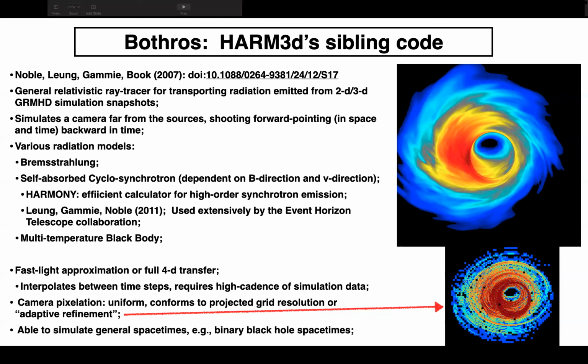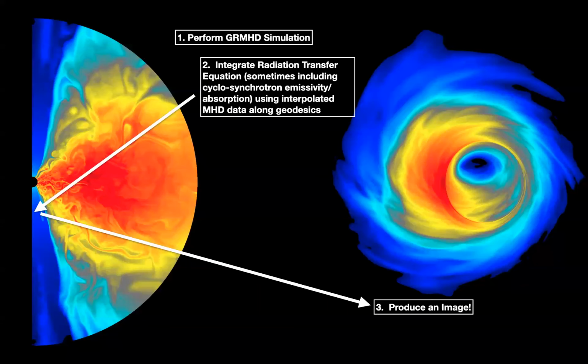You can also do a pixel refinement procedure like AMR to refine really fine features in the image too. So this shows you the level of refinement across the image. You can do the fast light approximation where you just say, well, the system is frozen in time and you just send your photons through the system, or you can actually step the simulation data in time as the photons are moved too. So Bathros accommodates both paradigms.